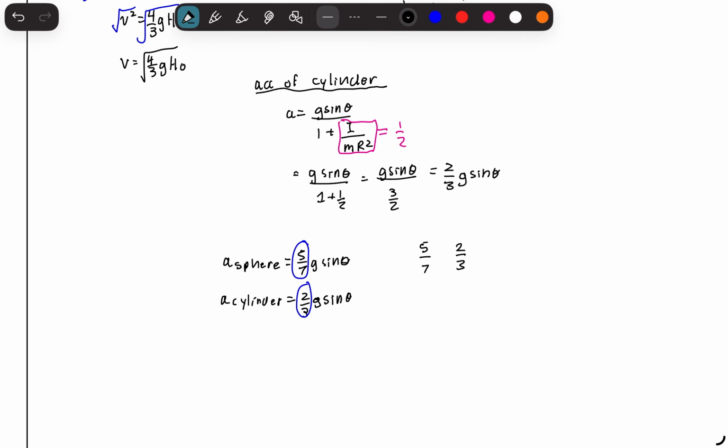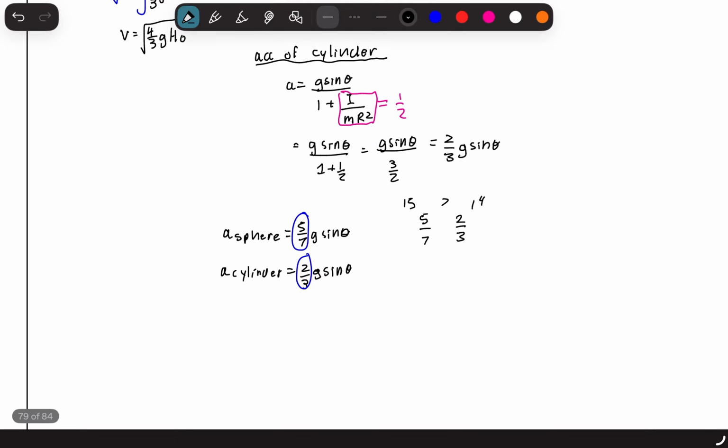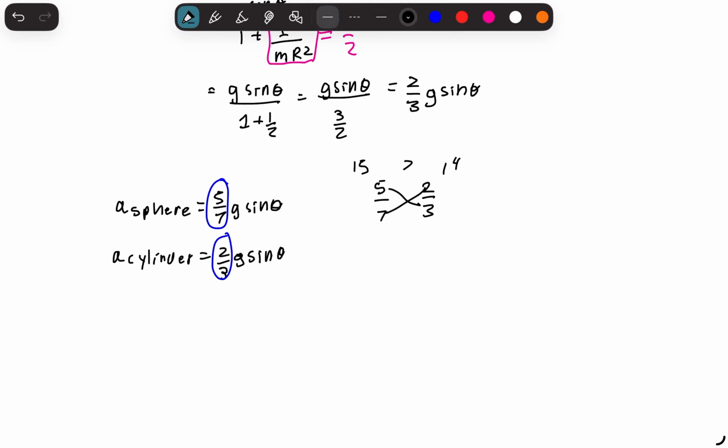We know that 5 times 3 is 15 and 7 times 2 is 14. Therefore, 5 over 7 is going to be greater, because you can just do the cross multiplication to check which one's larger. But also we know 5 over 7 is 0.714, and 2 over 3 is 0.667, so you know that the acceleration of the sphere is going to be greater than the acceleration of the cylinder.